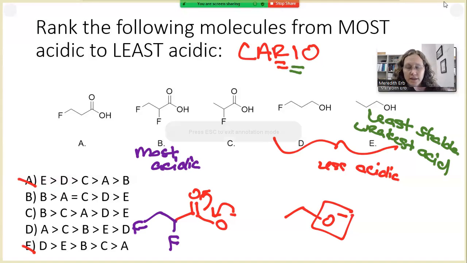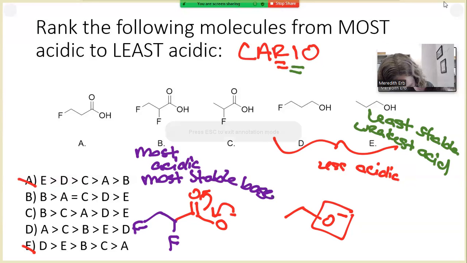So it'll have the most stable base. I'm going to amend what I wrote over here, least stable, and write base over here too, just for clarification. So our most stable base will lead to the most acidic acid. Okay, so I can now cross off answer choice D as well, because we know B is the most acidic.